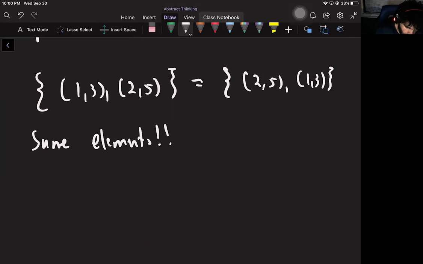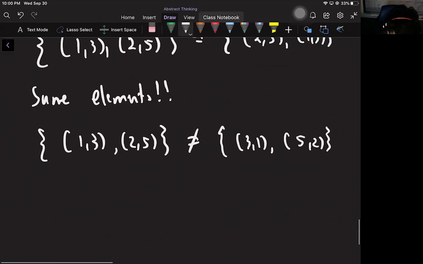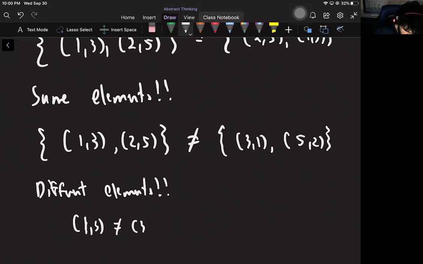Now try to keep up. Well, this one is a little bit different. I'm not reordering the elements. I'm changing the elements. These are completely different sets because the elements themselves are different. (1, 3) is not the same as (3, 1), for example.